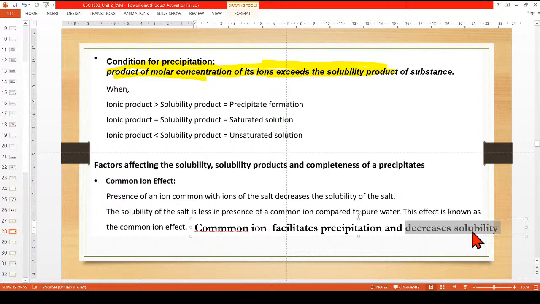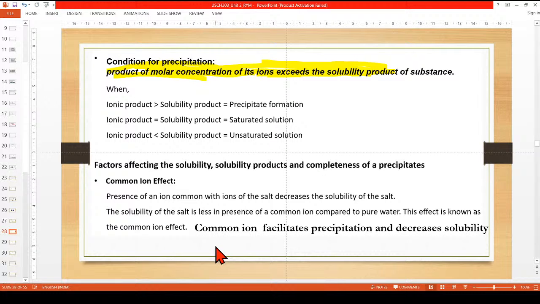If you have AgCl as precipitate and you add externally an additional amount of Ag plus ions or Cl minus ions, then precipitation is favored with the common ion and it decreases solubility. Solubility is decreasing, that is why precipitation is happening. So remember this trend for the common ion effect. Common ion facilitates precipitation and decreases solubility.